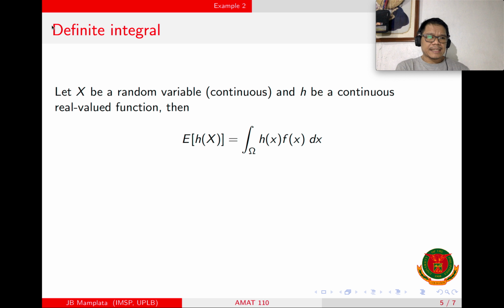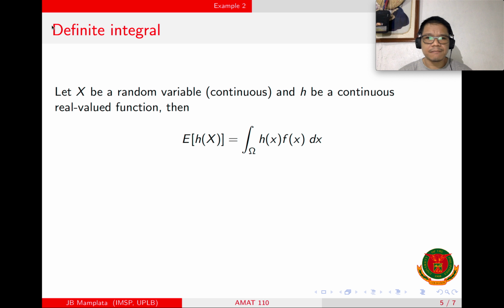So let x be a random variable, and in this case, we will assume that the random variable is a continuous random variable para lang define yung integral natin. And we define another function, h, which is a continuous real-valued function.